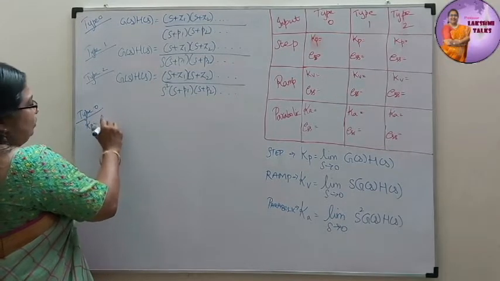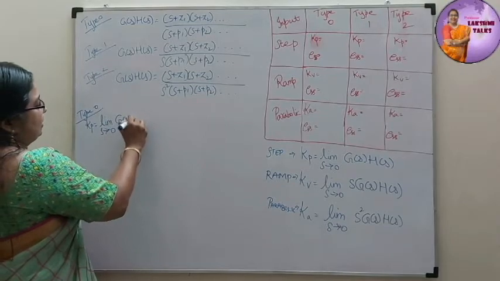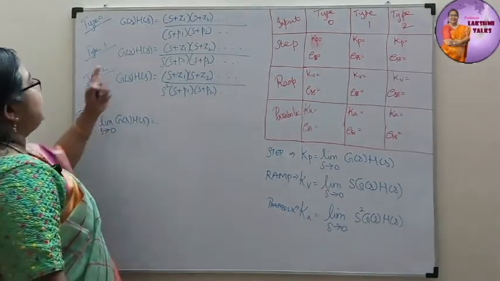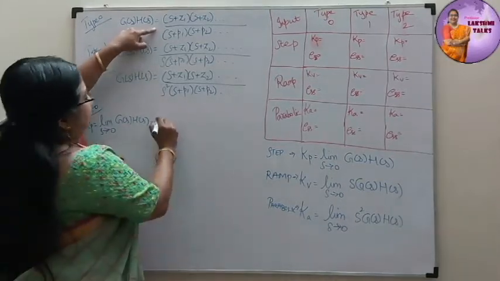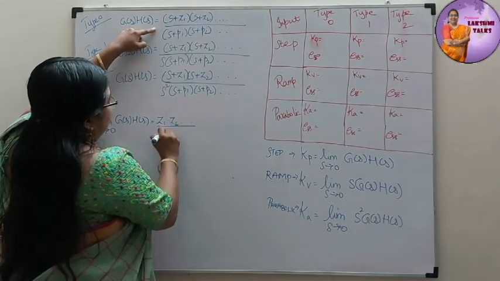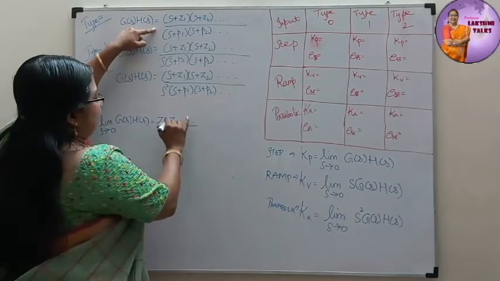Kp is equal to limit s tends to 0 of G(s)H(s). So what will happen when you apply the limit s tends to 0? We get z1 into z2 and so on, divided by p1 into p2 and so on.